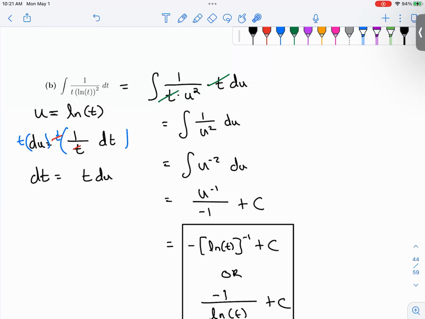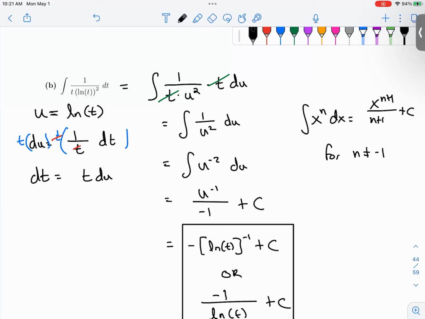From the step from u to the negative power to du, from here to here, this is using the power rule that we learned in 4.3. The power rule says that if you have the integral of x to the n dx, it's going to be x to the n plus 1 over n plus 1, plus constant c, provided n is not equal to -1.